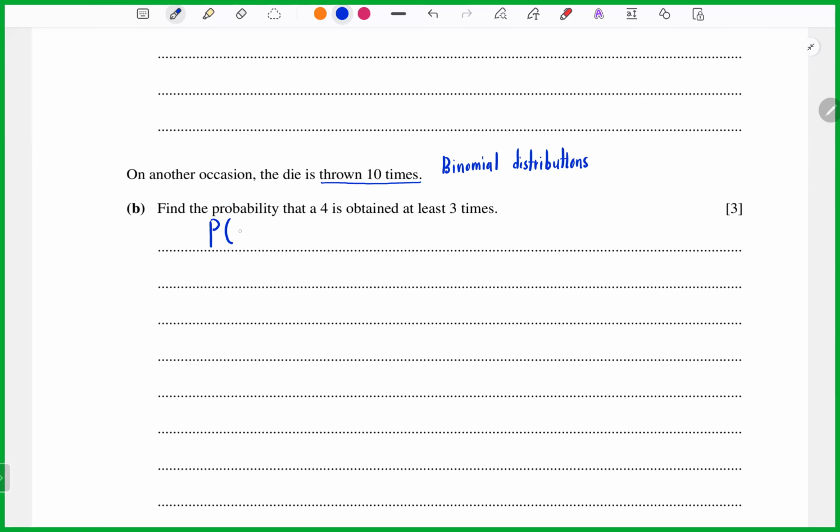At least 3 means 1 minus P(X less than 3), which is 1 minus P(X equals 0) minus P(X equals 1) minus P(X equals 2).